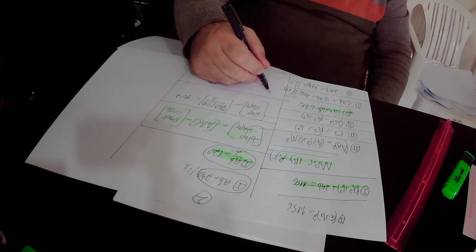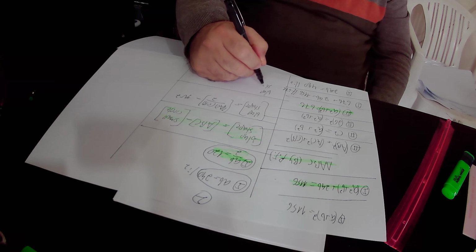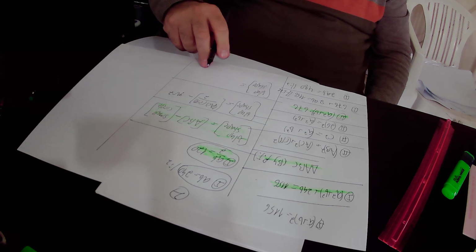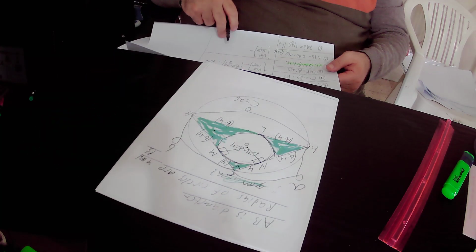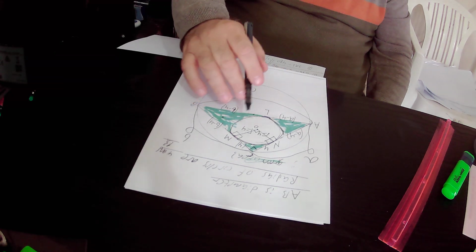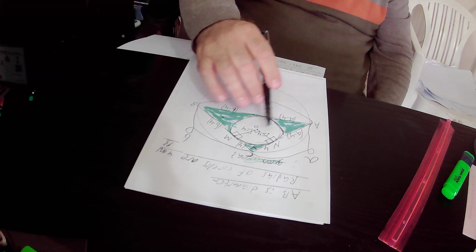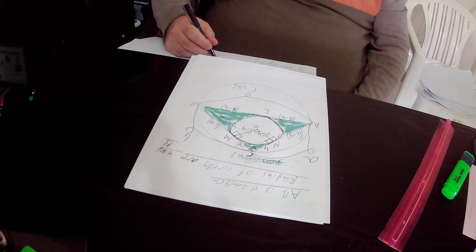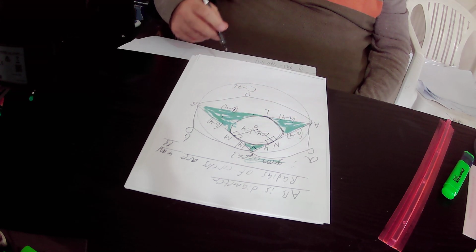So the area of the blue shape will be equal to the area of triangle ABC. The area of triangle ABC equals AC, and AC equals A according to our definition, times CB.